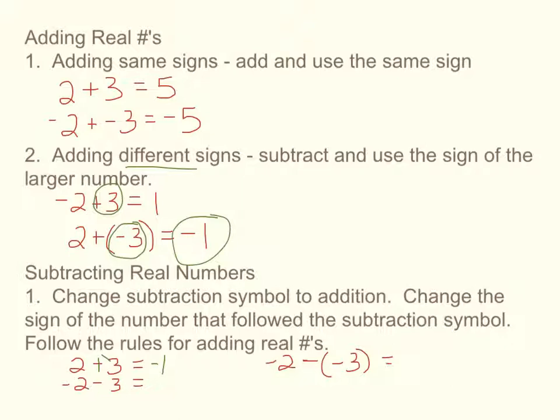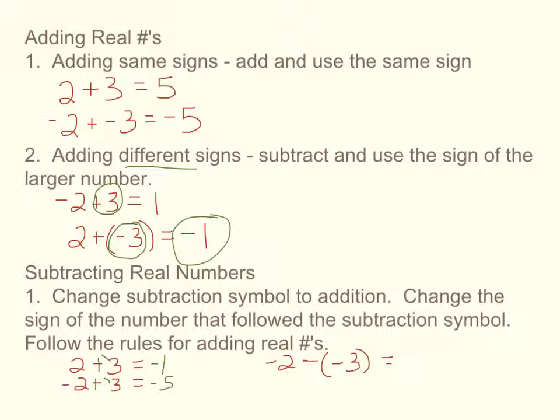Next example, negative 2 minus 3. I'm going to change the subtraction to addition, change the sign that follows the subtraction. So I've got negative 2 plus negative 3, and those signs are the same, so I'll add those together, and that becomes negative 5. And then lastly, negative 2 minus negative 3. Notice they've got parentheses separating the minus and the negative.